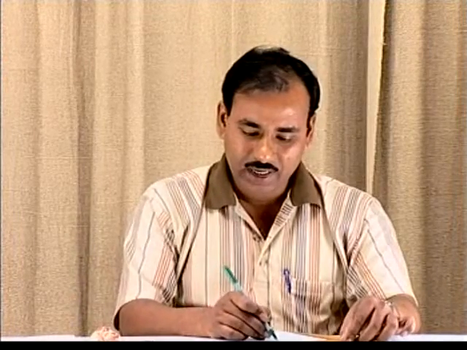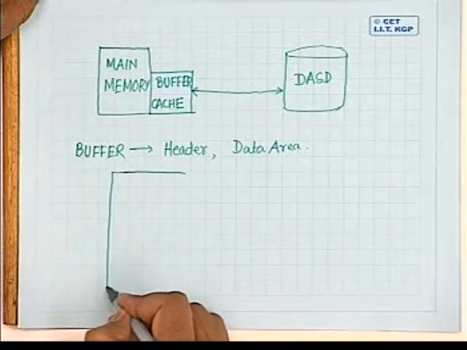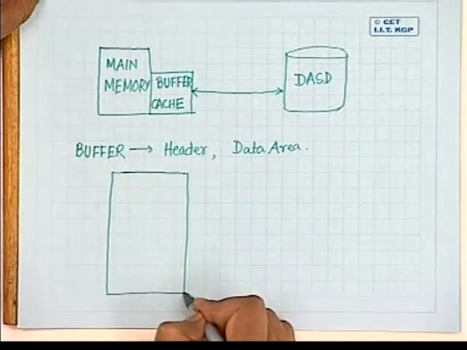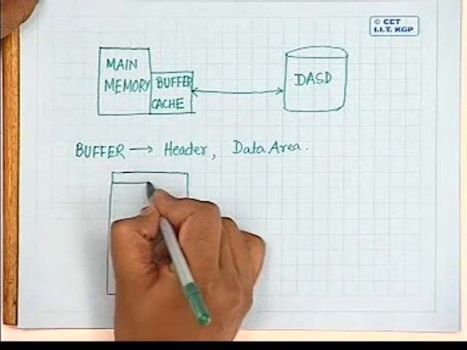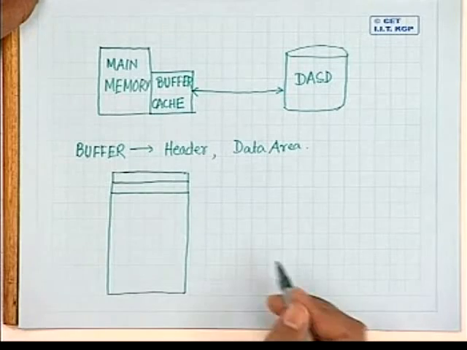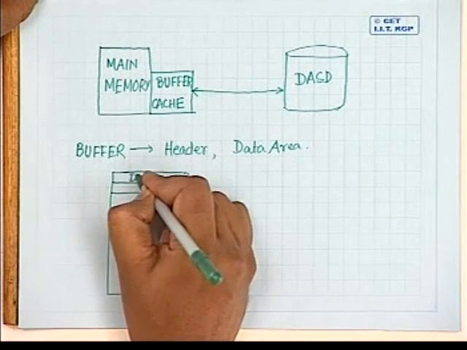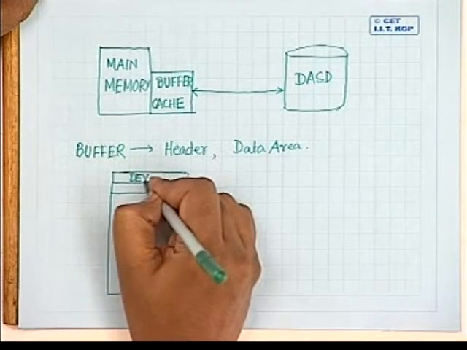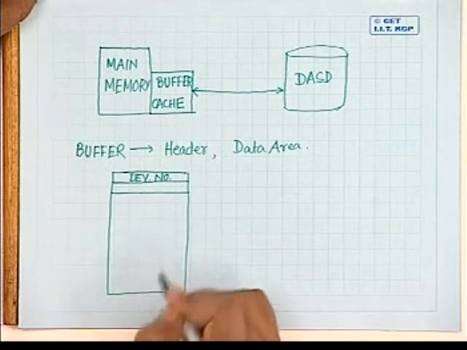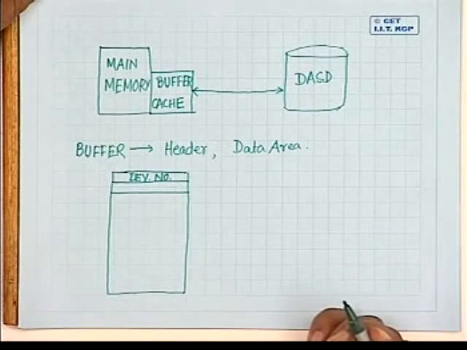The header area has a number of fields. The first two fields in the header area are used for block identification. Okay, so it will have the device number or file system device number, because in a particular installation I can have more than one file system or more than one logical disk.